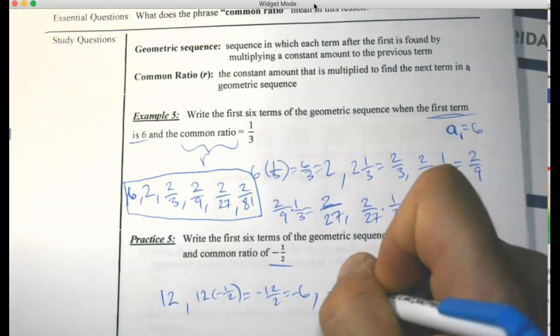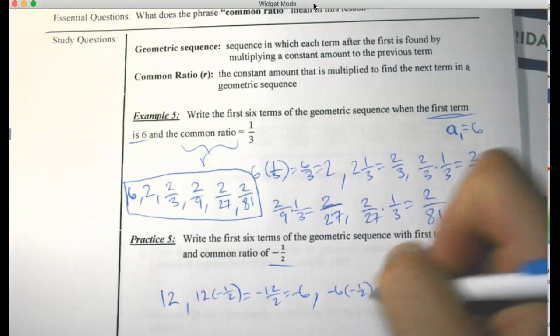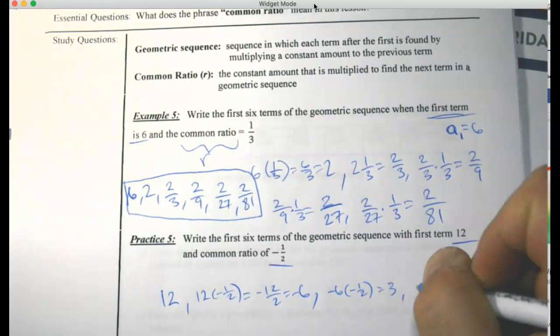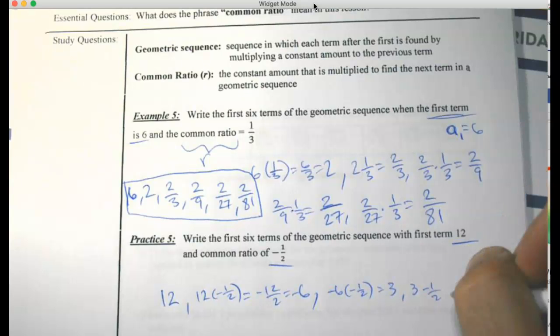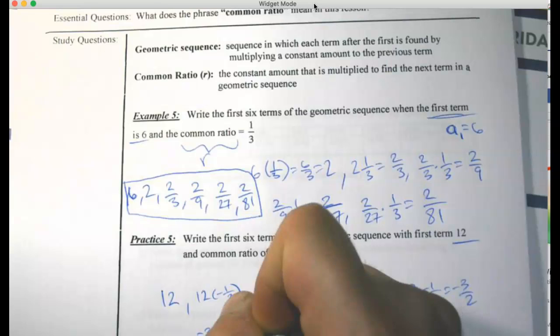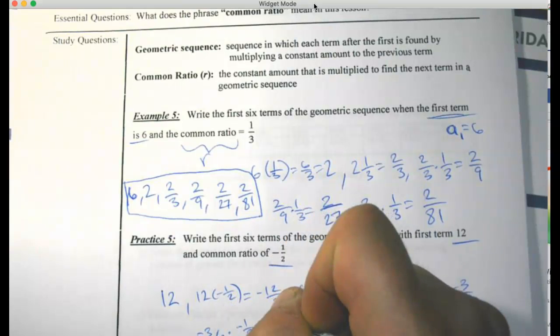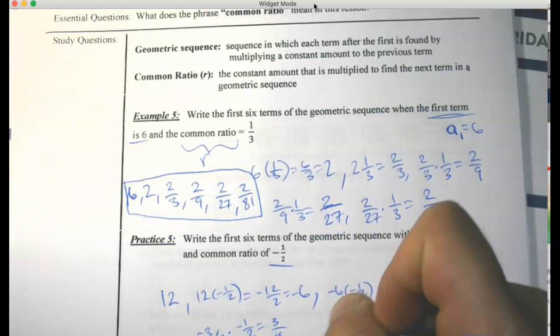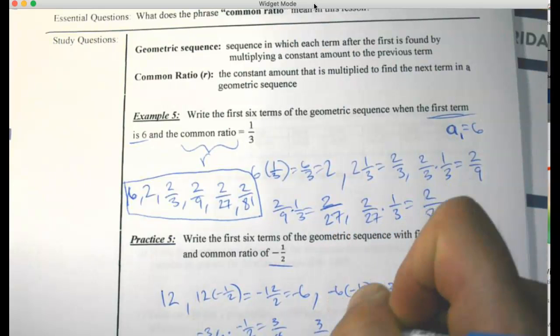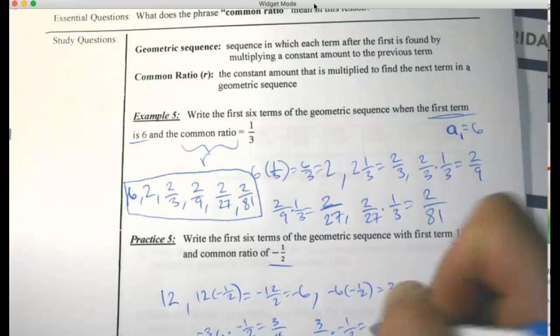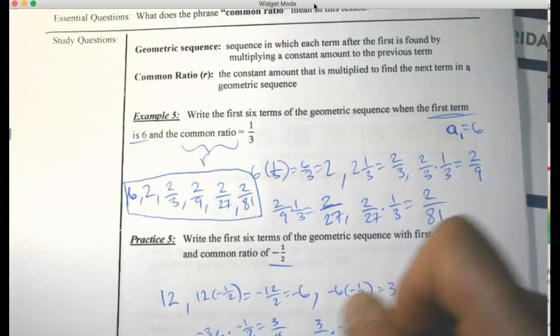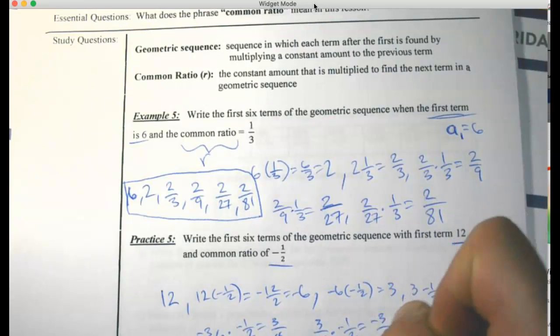So -6 times -1/2, right, that's going to be a +3. 3 times -1/2 is -3/2. -3/2 times -1/2 is +3/4. 3/4 times -1/2 is -3/8, and I think that may be it.